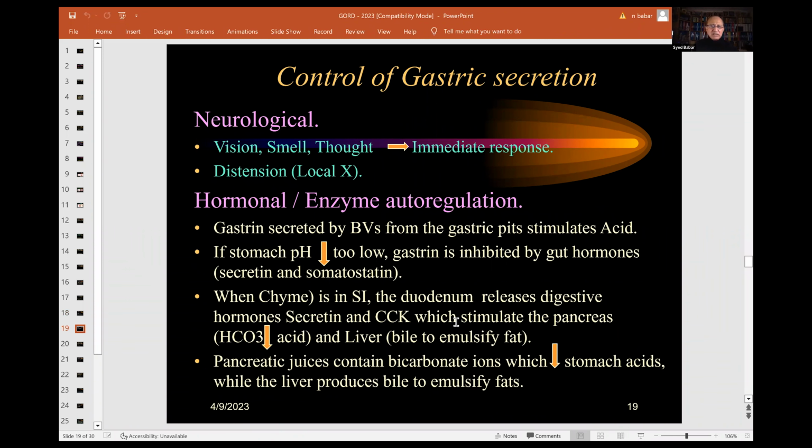So how does one control gastric secretion? So we know that there is a neurological inbuilt control. So vision, smell, thought of food will lead immediately to increased secretion of gastrin and related substances to produce hyperchlorhydria.